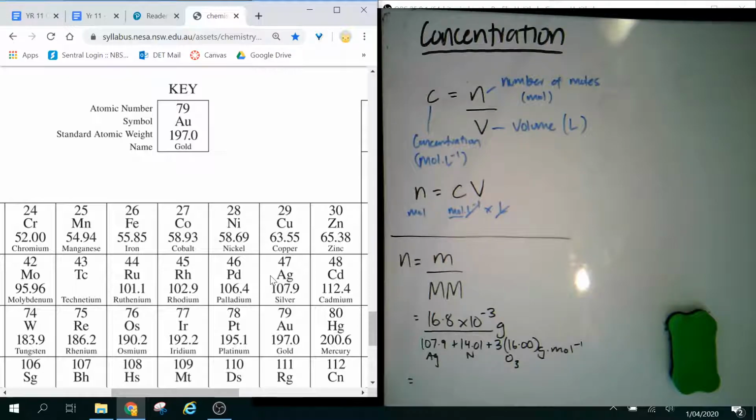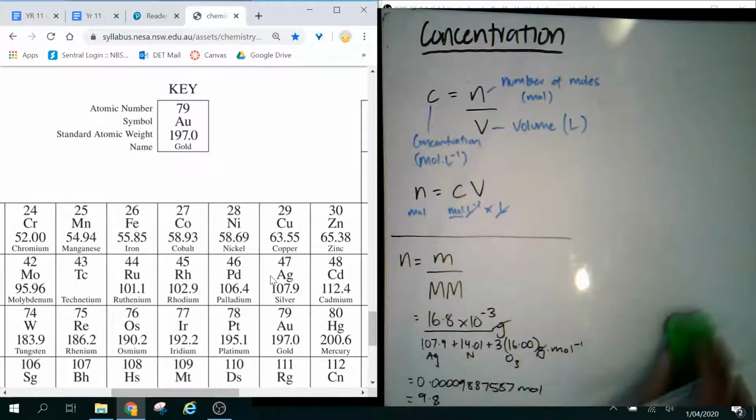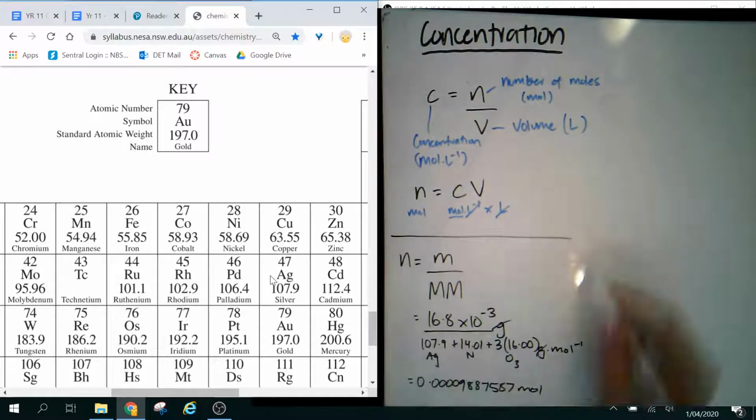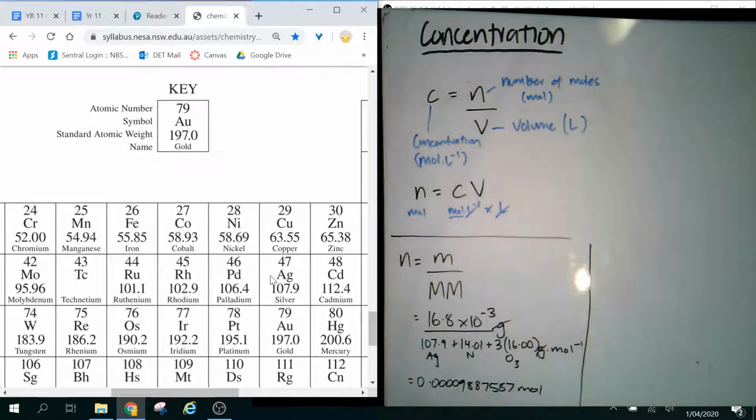And the answer I get is 0.00009887587, and the grams cancel, and you end up with moles because you divide by inverse moles. Let's leave that out of this for now, it might make things a little bit easier. I'm just drawing a little margin so we can continue working down the right-hand side. That's how many moles we have.